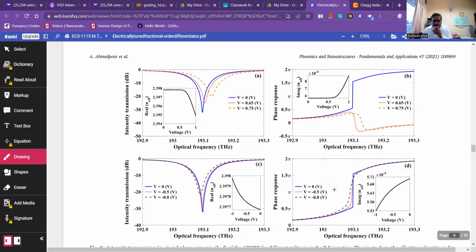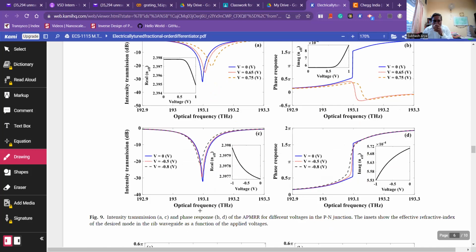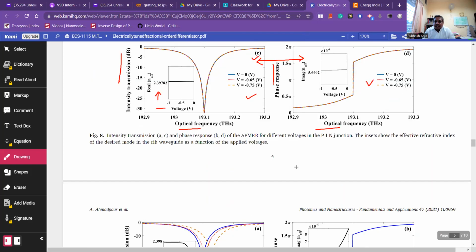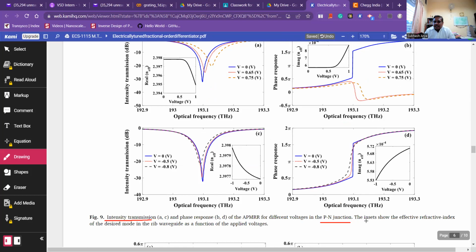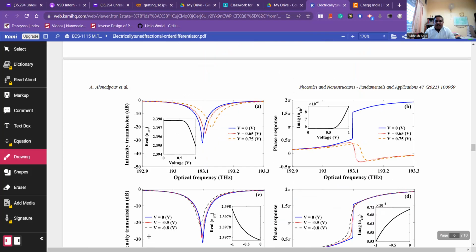And the second one: intensity transmission A, C and phase response B, D of APMRR for different voltages in the PN junction. So earlier it was PIN, this one, and now the second one is the PN. The inset shows the effective refractive index of the desired mode in the region as a function of the applied voltage.